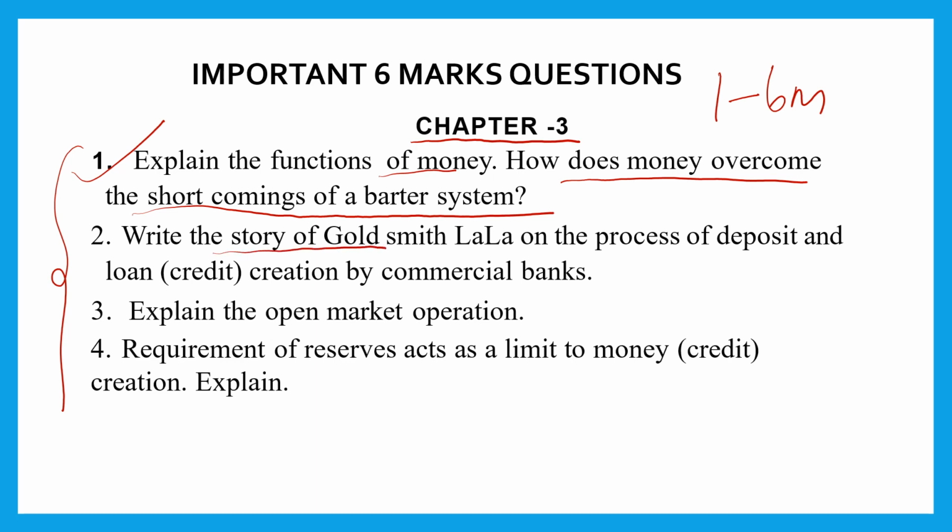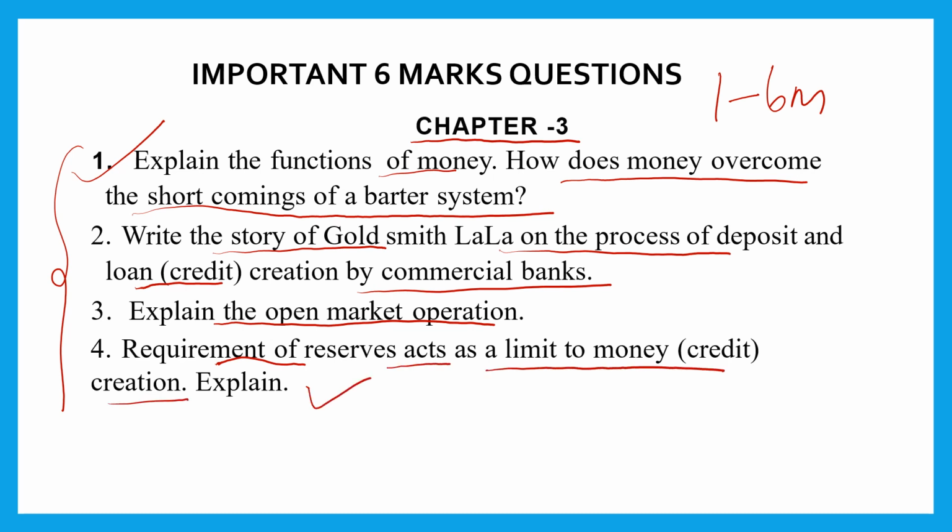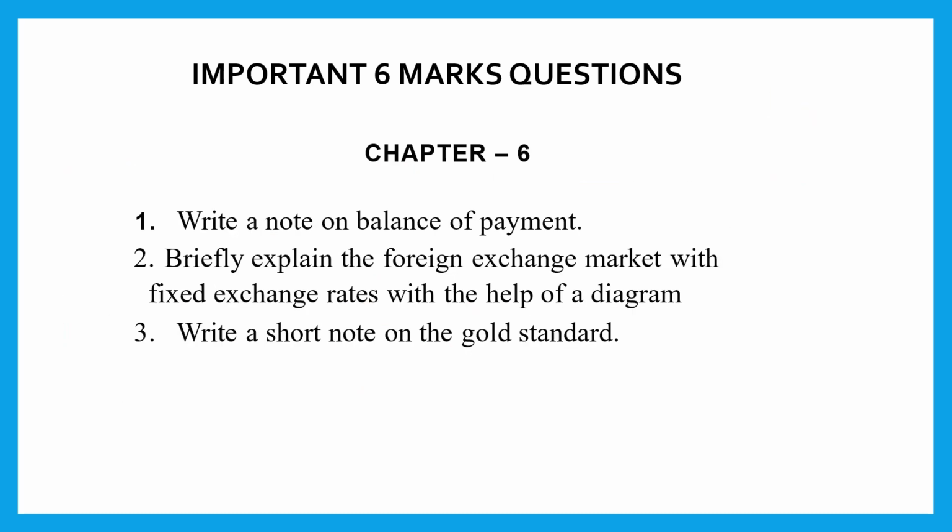Then write the story of Goldsmith Lala and the process of deposit and loan credit creation by commercial banks, and explain open market operation. Then the last one is, required reserves act as a limit to money creation. Explain. So out of these four, one 6 mark question you can expect.